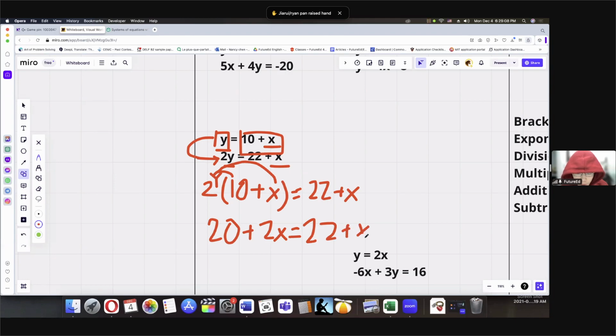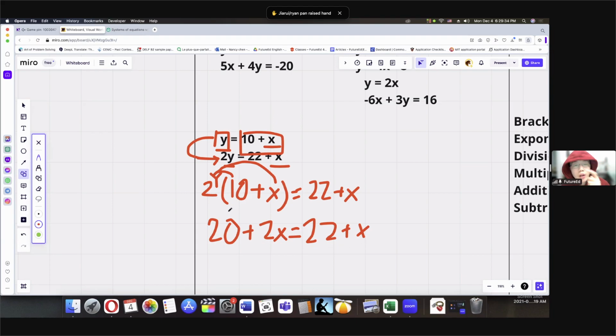Now, what do we do now, Garrus? What's our goal? Why are we even solving this equation?